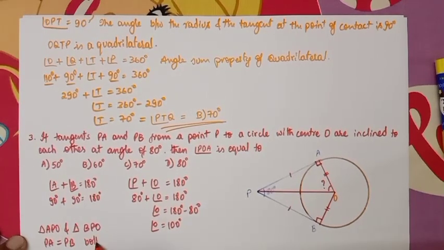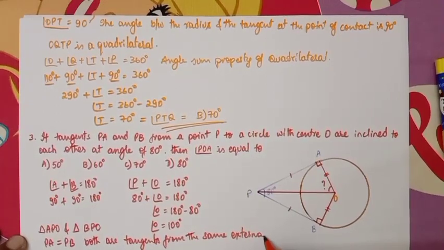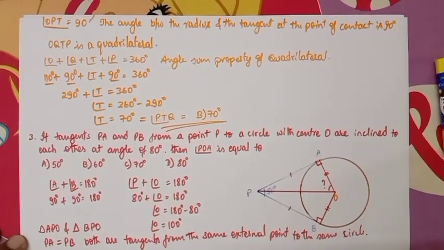Both are tangents from the same external point to the same circle. Both are equal.